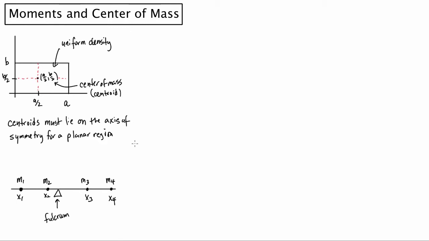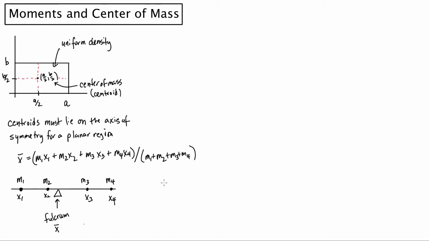And one of the things you know is that the fulcrum is located wherever the weighted average of these points occurs. So for example, x bar is equal to m1 x1 plus m2 x2 all the way up through m3 x3, and then finally the fourth point. But you have to divide by the sum of the masses.